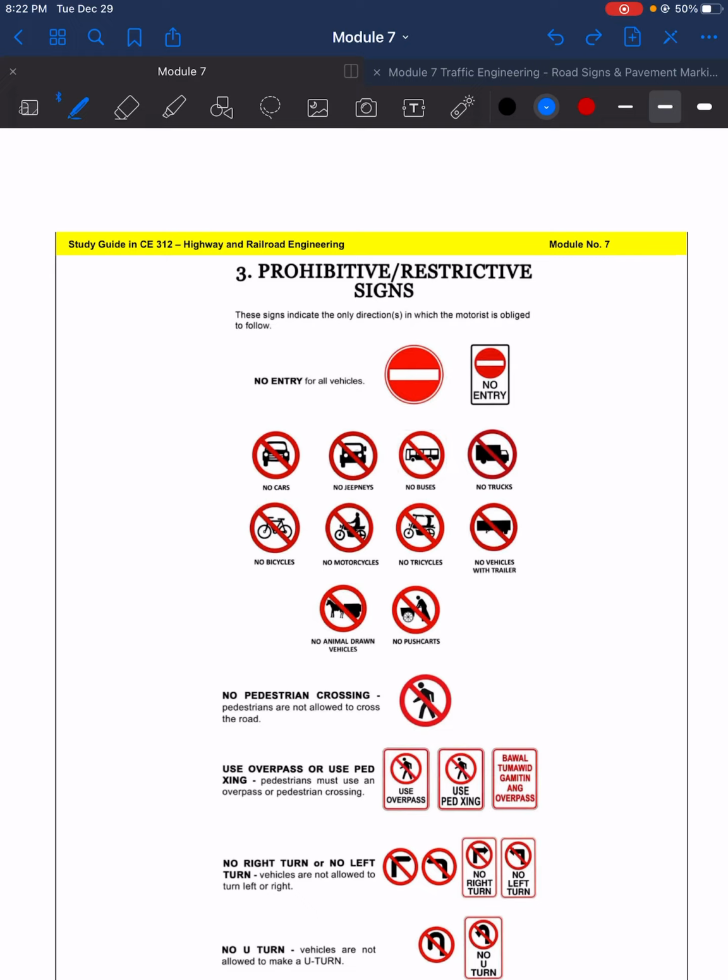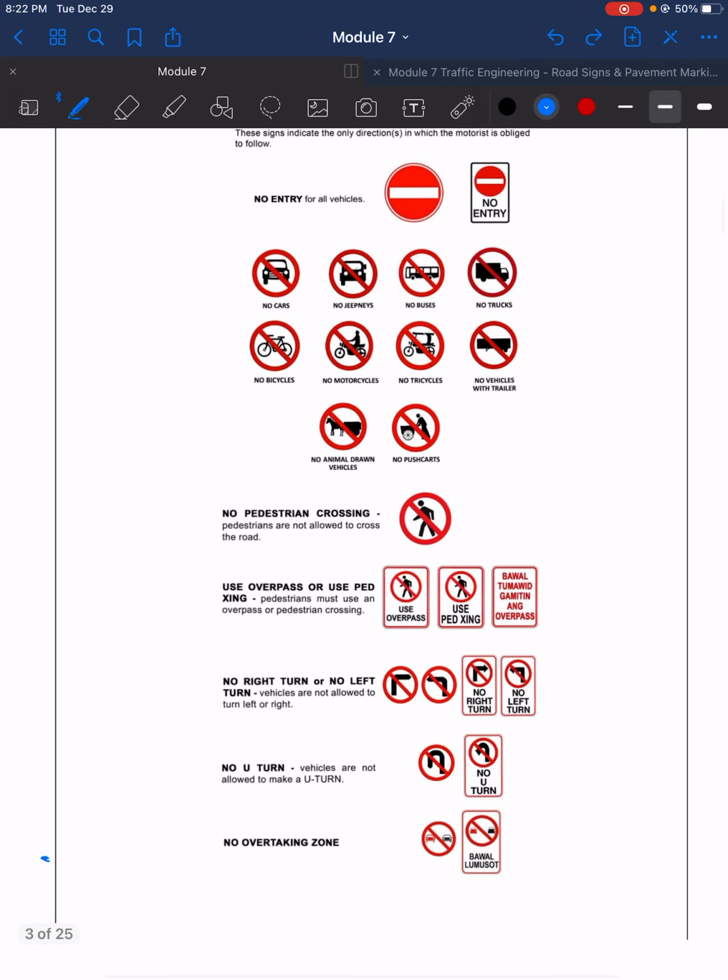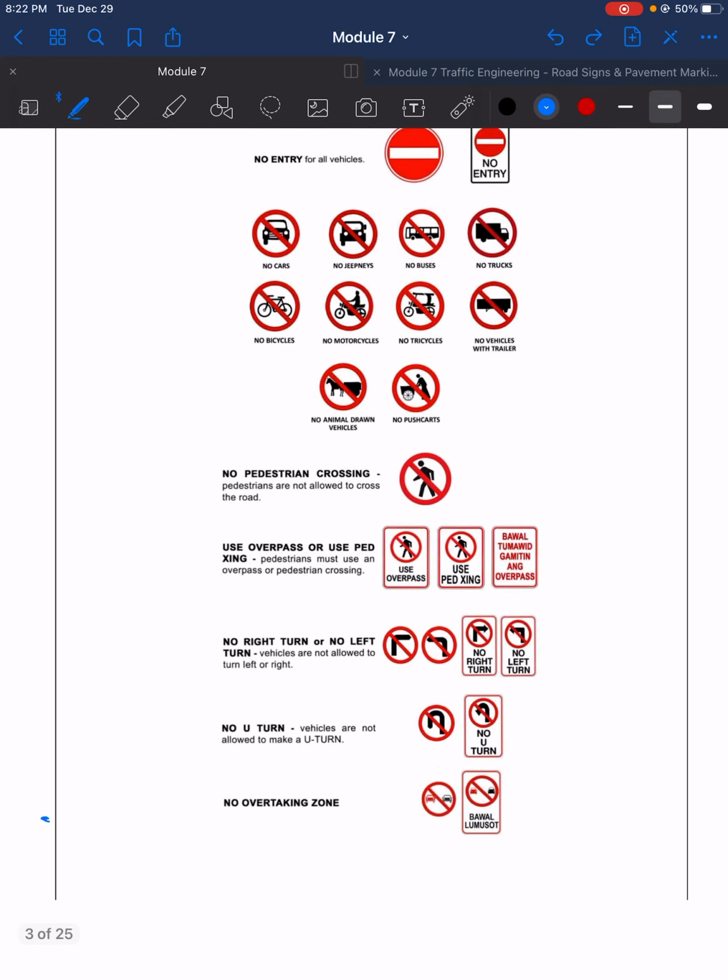No cars, no jeepneys, no buses, no trucks, no vehicles, no bicycles, no motorcycles, no tricycles, no vehicles with trailer, no animal drawn vehicles, no push carts. So, pati push cart. No pedestrian crossing, very common. So, pedestrians are not allowed to cross the road.